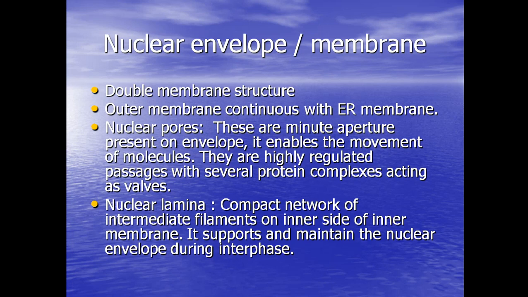Of the two membranes, the outer membrane is continuous with the endoplasmic reticulum, because the endoplasmic reticulum is considered the highway of the cell. Whatever has to come out of the nucleus is carried by this endoplasmic reticulum. The outer membrane is continuous with the endoplasmic reticulum.